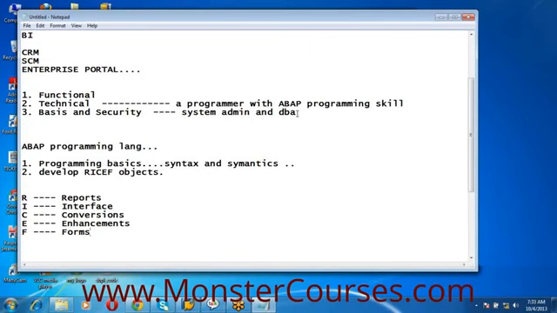All business process logic in any SAP system is carried out using ABAP programming. Within the SAP framework, ABAP is the programming language, but outside SAP, nobody knows ABAP or uses it. Within the SAP framework, you make use of ABAP for these five areas: reports, interfaces, conversions, enhancements, and forms.